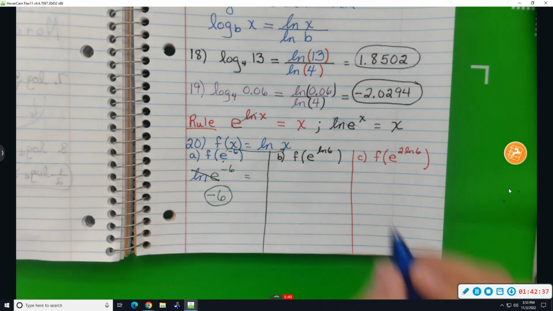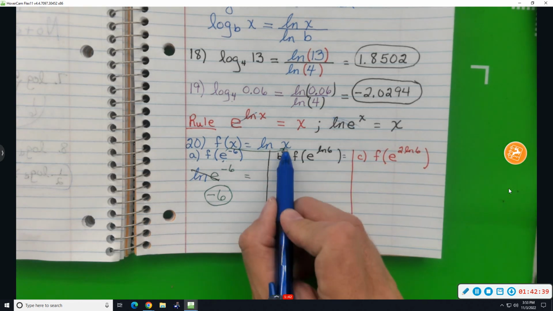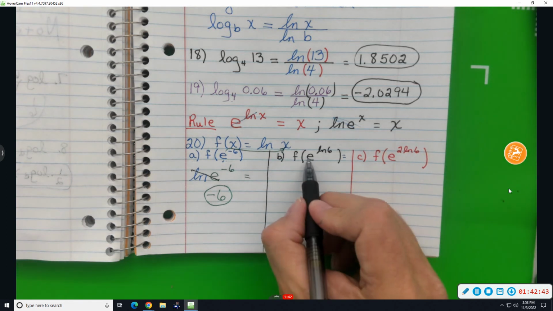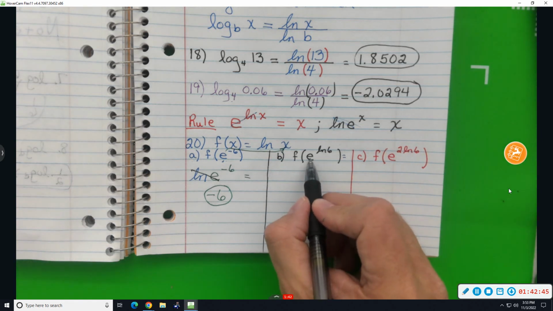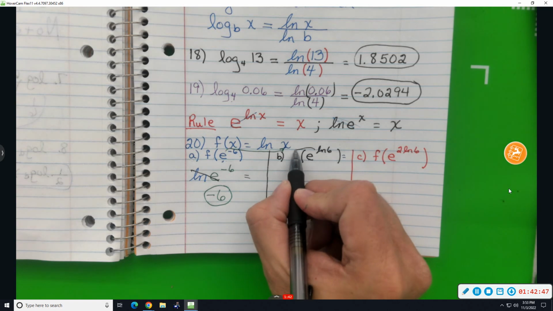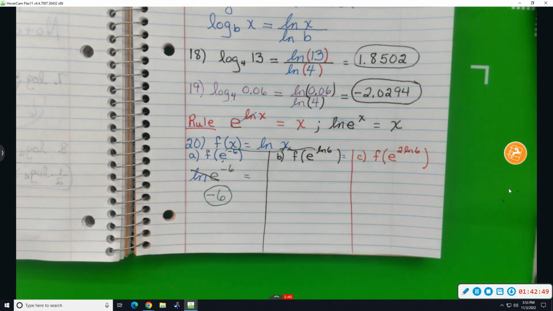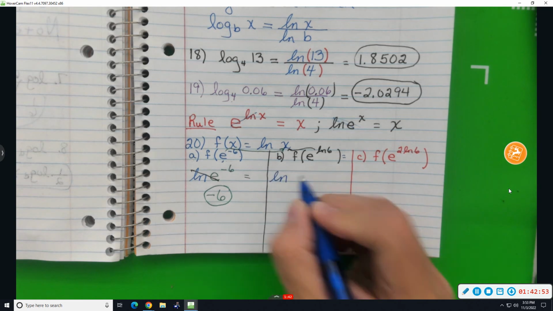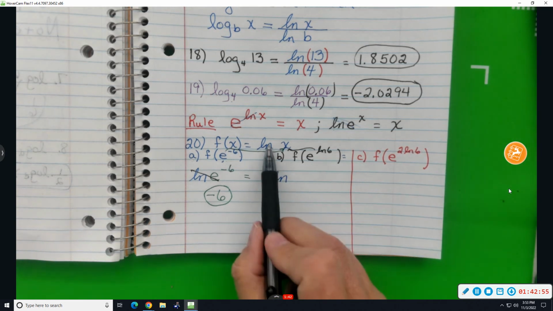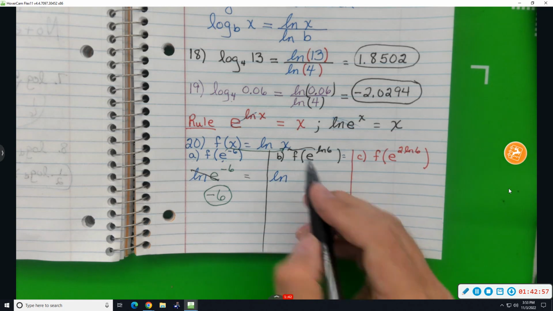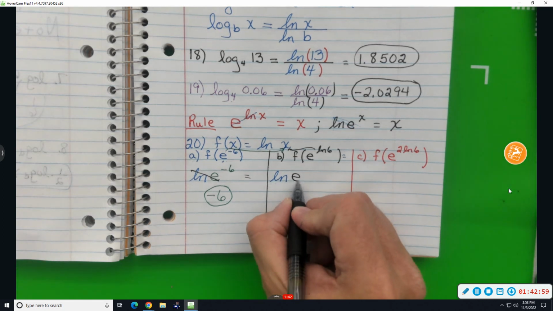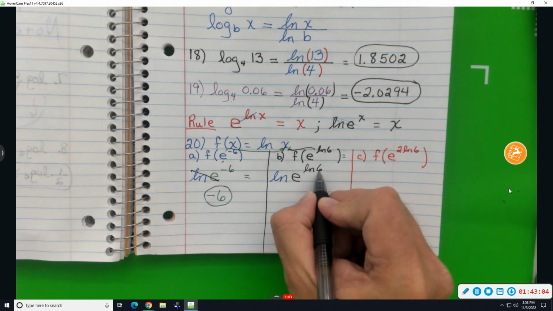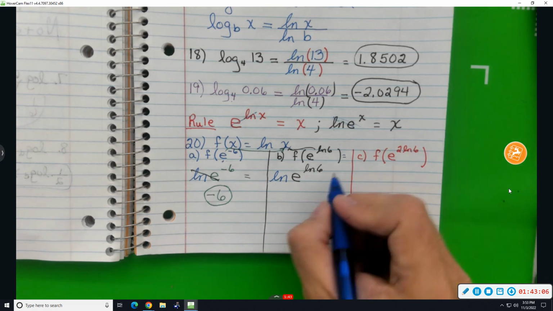Part B. In place of the blue x, I'm going to put what's in the parentheses here. That's the black e to the ln 6. So in place of that blue x, I have the blue ln, then the black e and the black ln 6.